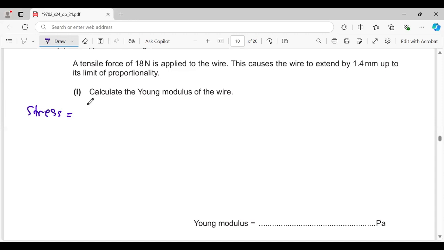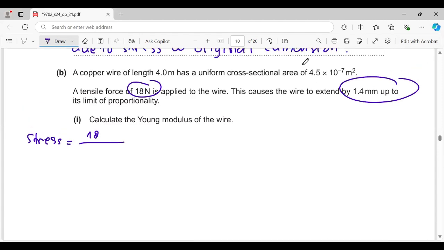So stress equals 18 Newton over, sorry, not this one, I mean this one, the area. So 18 over 4.5 times 10 power minus 7.